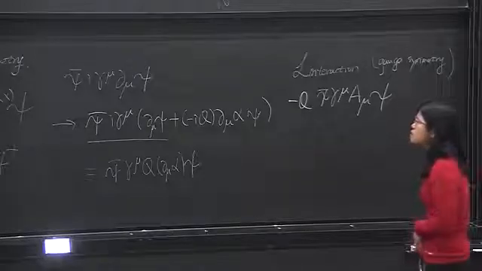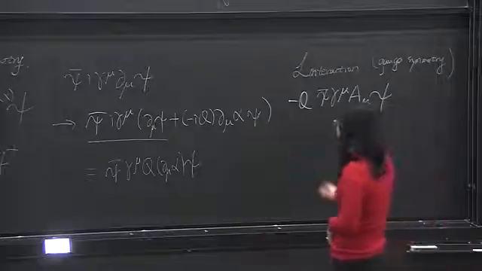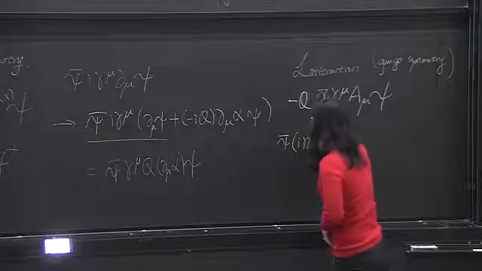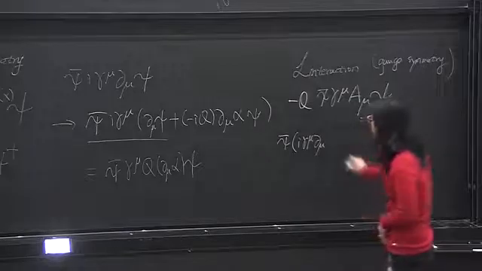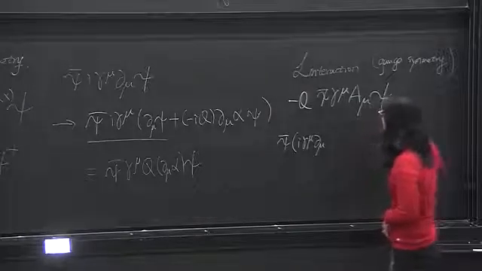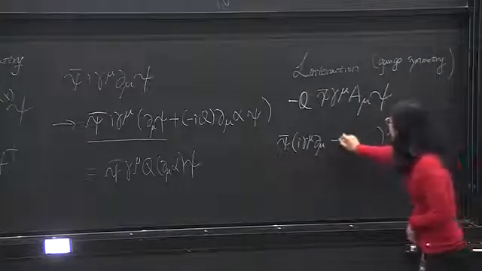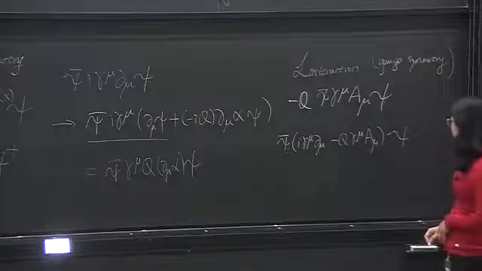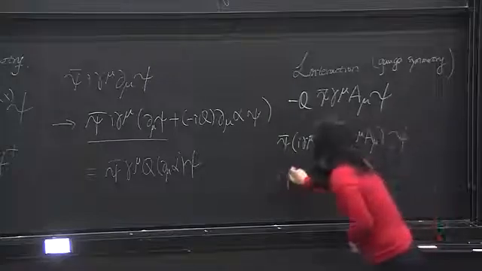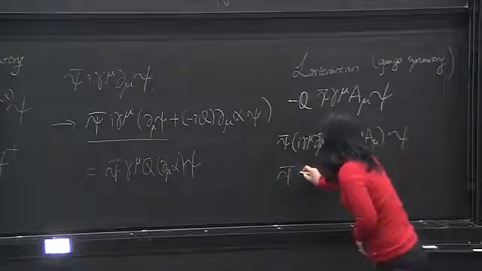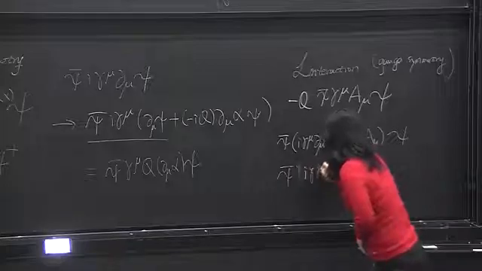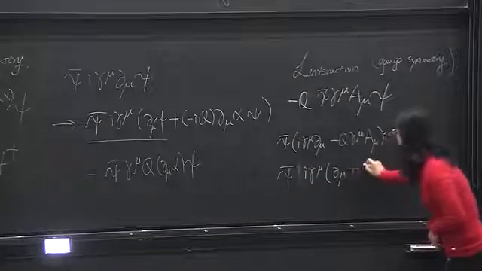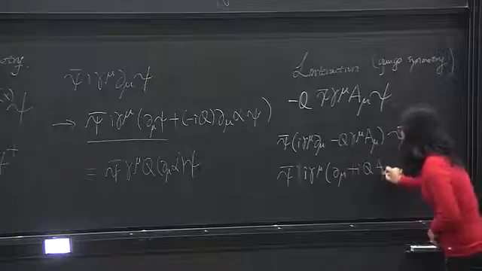So now let's try to combine things together. Before, I had i gamma mu partial mu psi. And now I have minus q gamma mu A mu. And the idea is we want to take this i gamma mu out, and the rest is partial mu plus i q A mu.